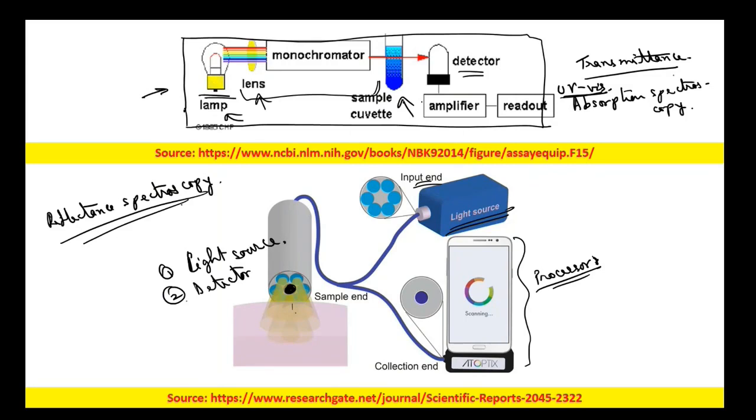If they work in the UV visible region, they may not work in the IR region. To accommodate that, the optic parts, like the lens and monochromators, may be changed to a certain extent. Otherwise, the overall architecture of the spectrophotometer remains the same. With this, I conclude the UV visible spectrophotometer chapter.